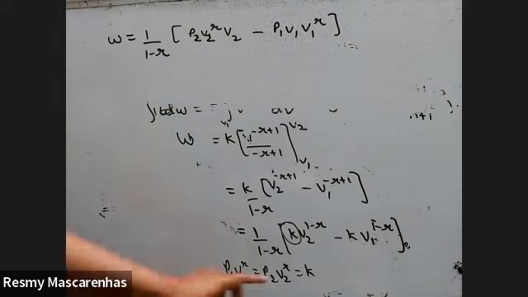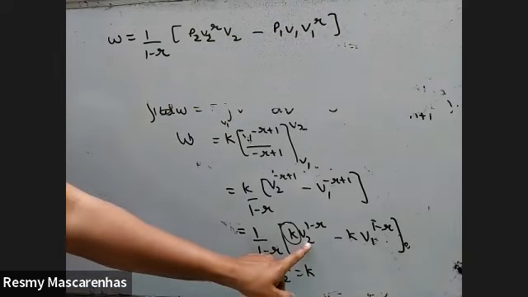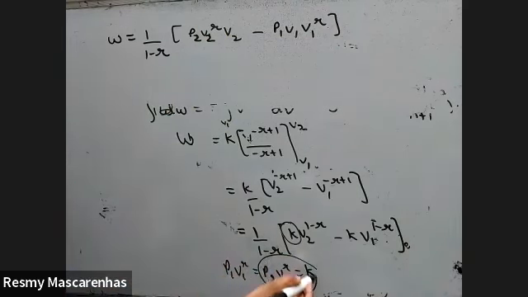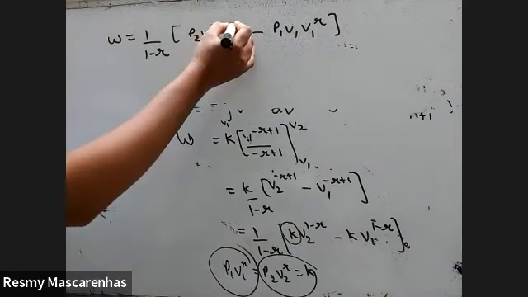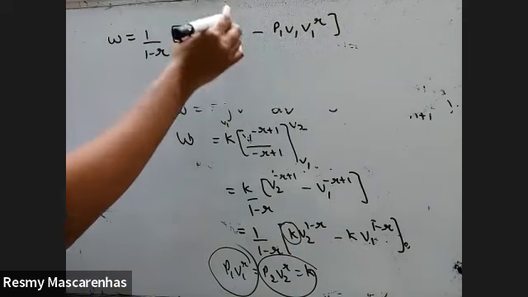I've replaced the values of K. Wherever there is 2, put K as this. Wherever there is 1, put K as this one. And there is this one, minus R, or 1 minus R.